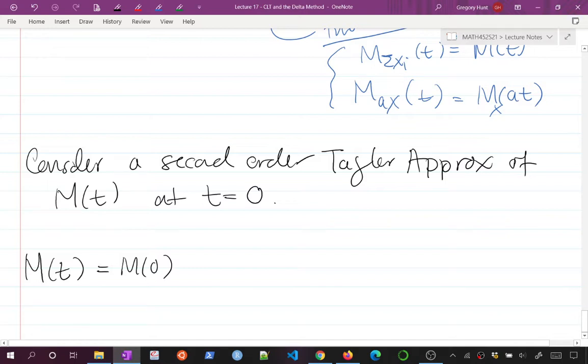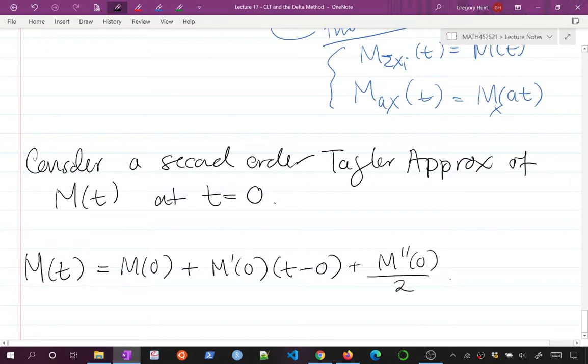What do we get here? Plus, what is this? The first derivative, M prime of 0, times t minus 0, plus the second derivative, M double prime of 0, over 2, times t minus 0 squared, plus some remainder term, right? So this would be our second order Taylor approximation of our moment generating function M, of any of our little y_n's.